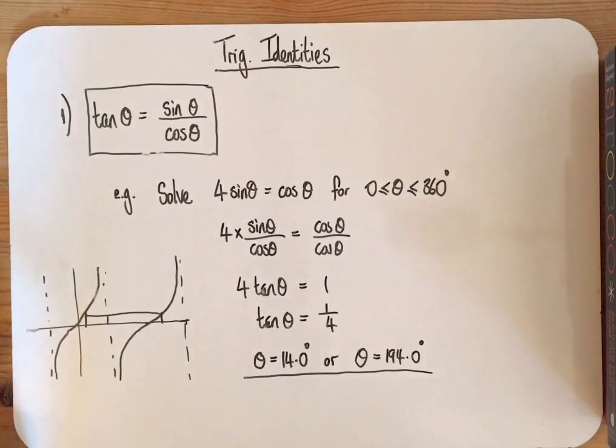I also want to show you one that looks like it will use the tan identity, but it actually doesn't. So it's probably a good place to see it while we're here.